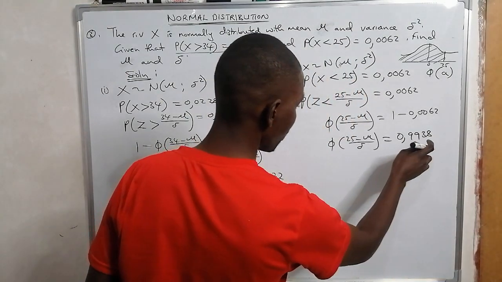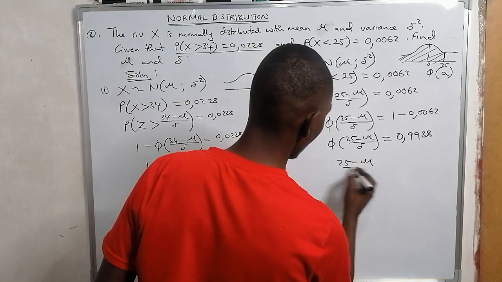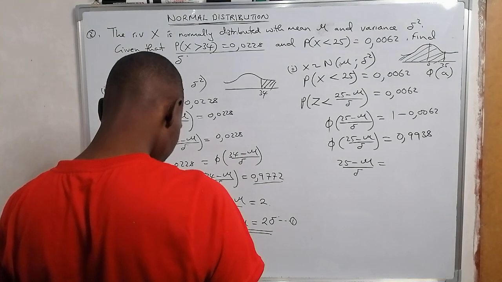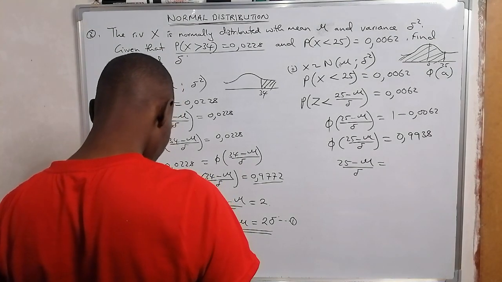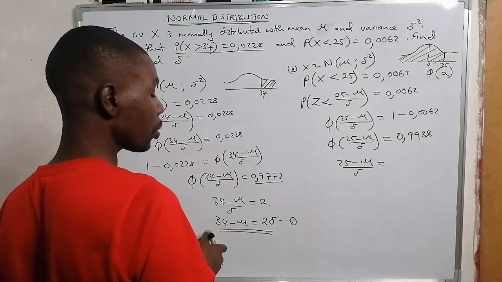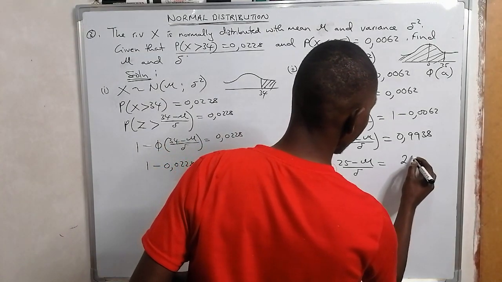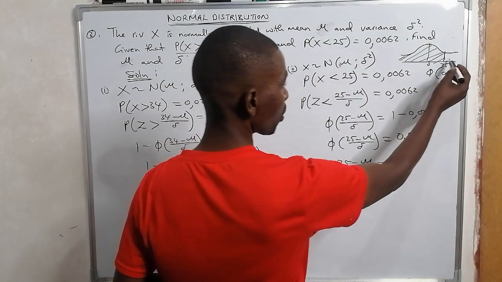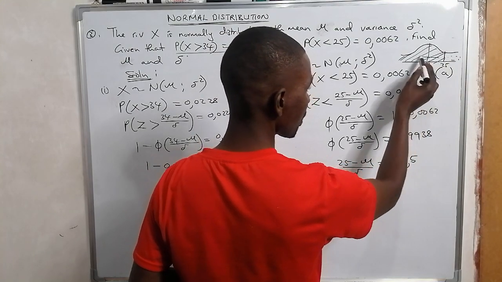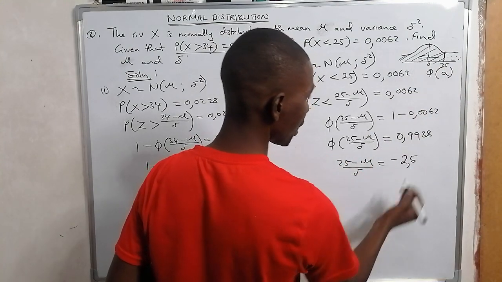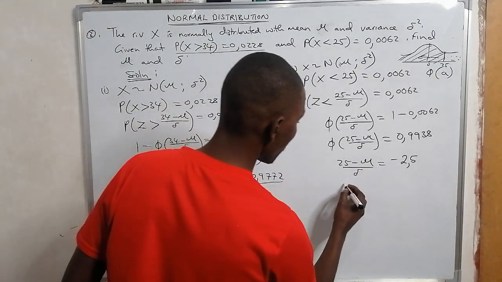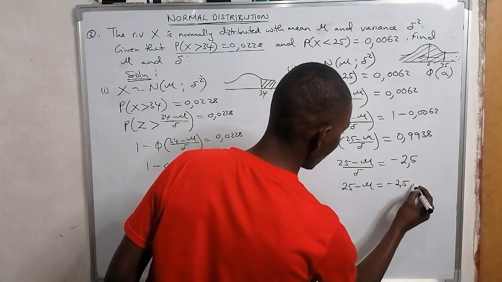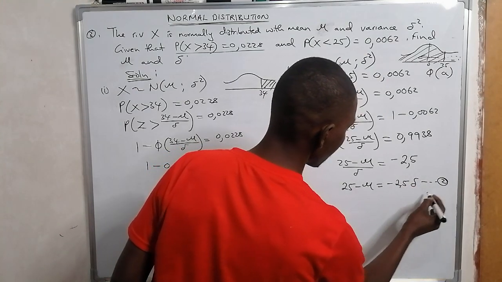Therefore, arc phi of this one, 25 minus mu over sigma, from our tables we get it from 2.5 under 0. But remember, we said the answer we are going to multiply by -1 because we used this part instead of this part. So we say times -1, the opposite way. Then we multiply: 25 minus mu is equal to -2.5 times sigma, which is our second equation.